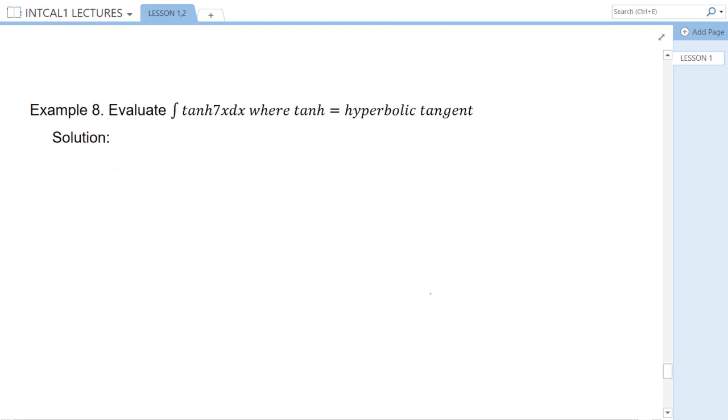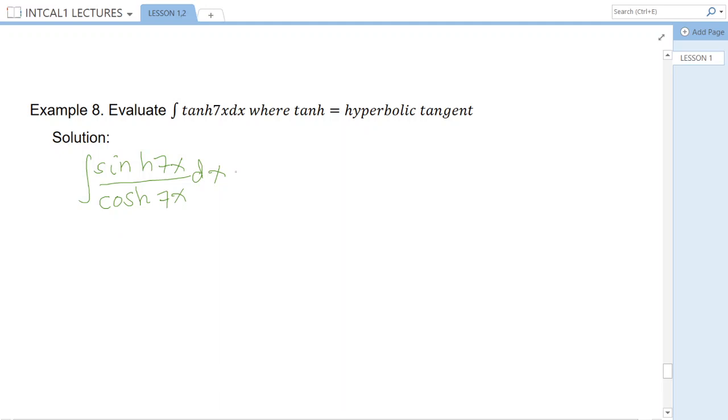Okay, so let's move on to example number 8. That is a hyperbolic tangent, and the identity for hyperbolic tangent is equal to that of the trigonometric identity. So let's rewrite that one. It will become hyperbolic sine 7x divided by hyperbolic cosine 7x dx.